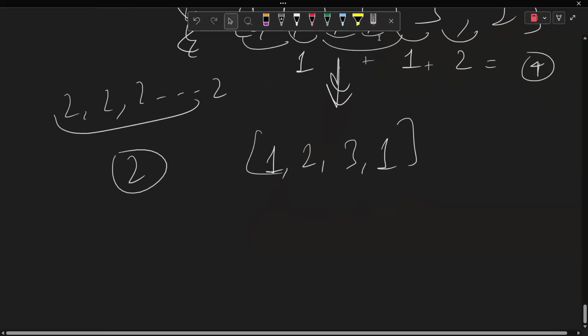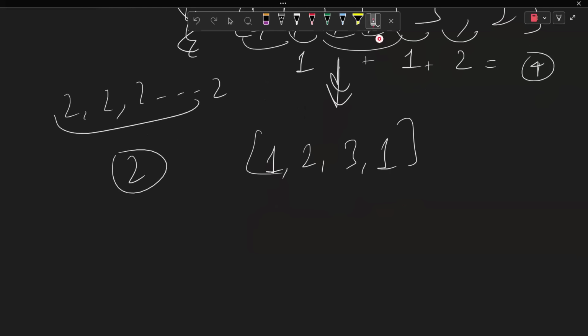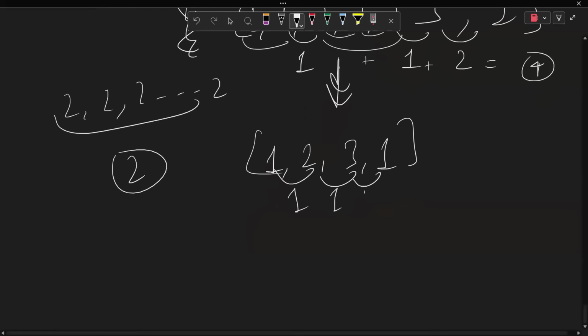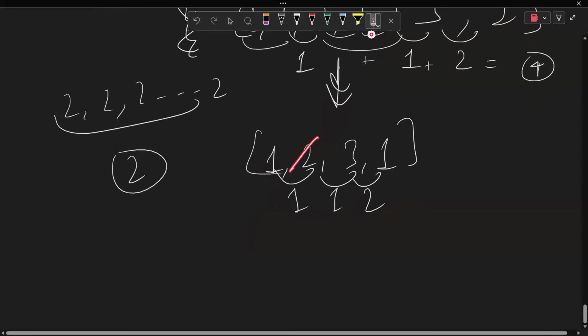Now what all operations can you do? Here your differences were 1, 1 and 2. You can maybe increment this 2 to 3. This would reduce to 0, but this would in turn increase to 2. So this is not giving you any benefit.